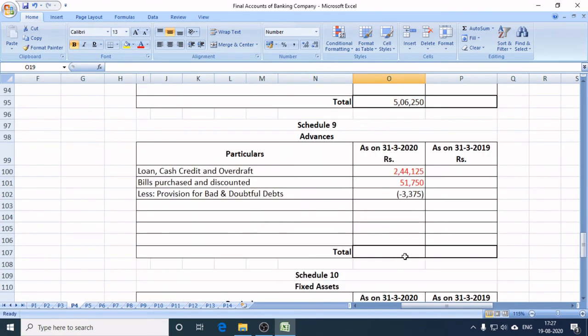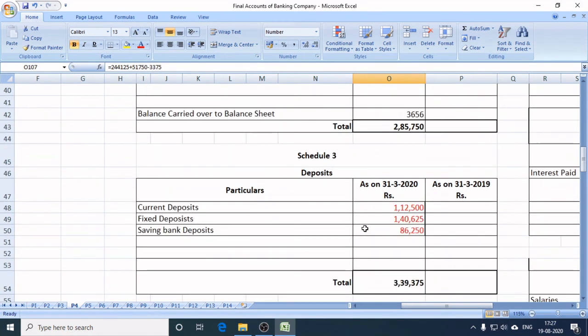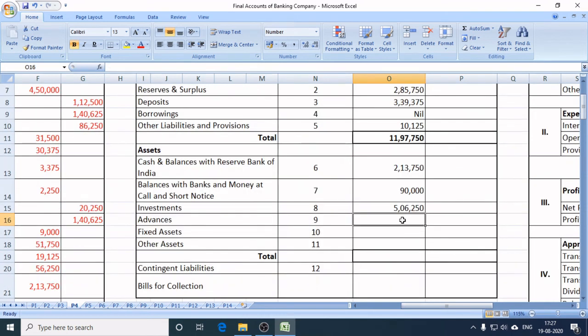Next is advances. First make addition of 2,44,125, then add 51,750, and then from this total deduct 3,375. So 2,92,500 are the net advances of this bank, next to schedule number 9.